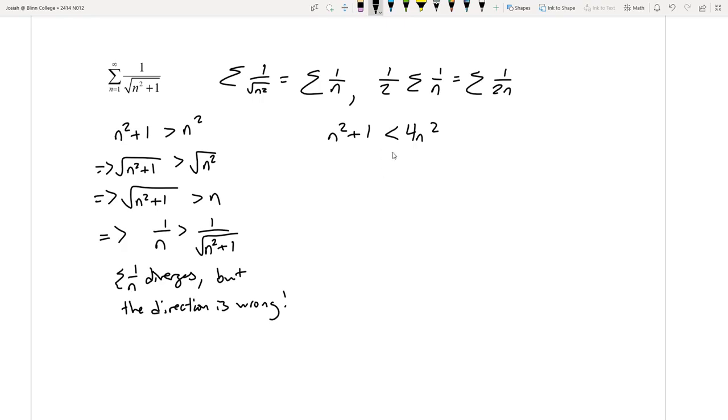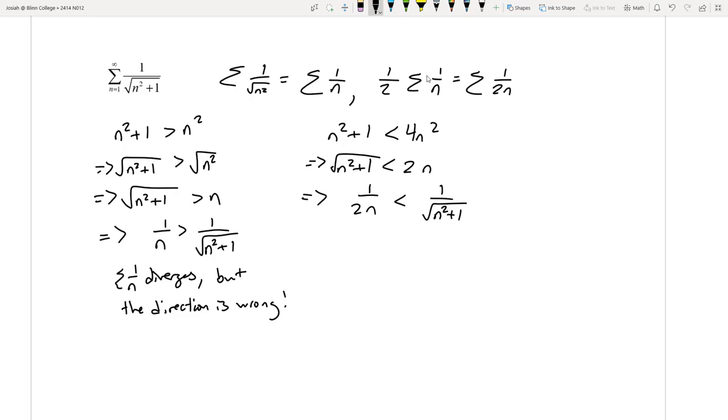Okay, so right, this is n squared plus n squared plus n squared plus n squared. And so from here we can go ahead and take our square root. Then move things into the denominator. And now, this is good enough.